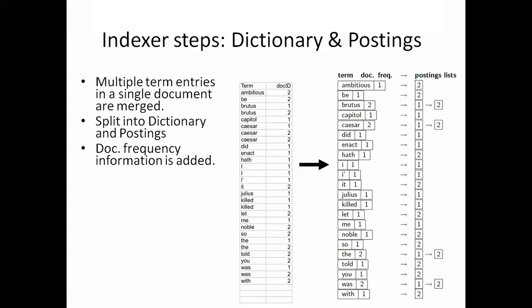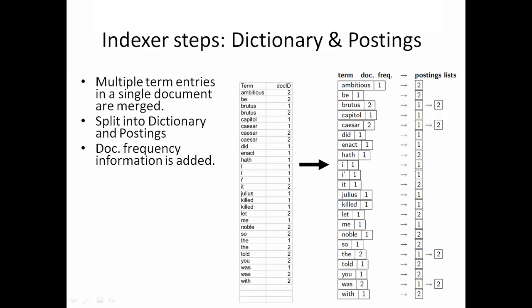Next, now the indexer steps: dictionary and postings. First, before that, we get the sorted chart, sort by term, with term and document ID.